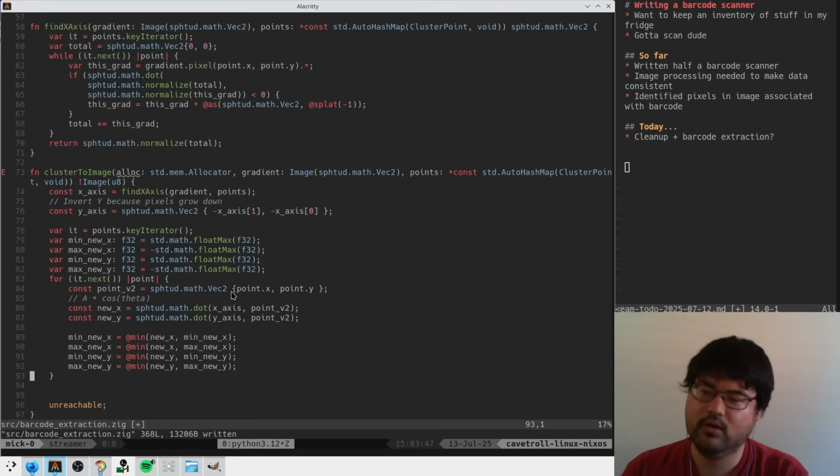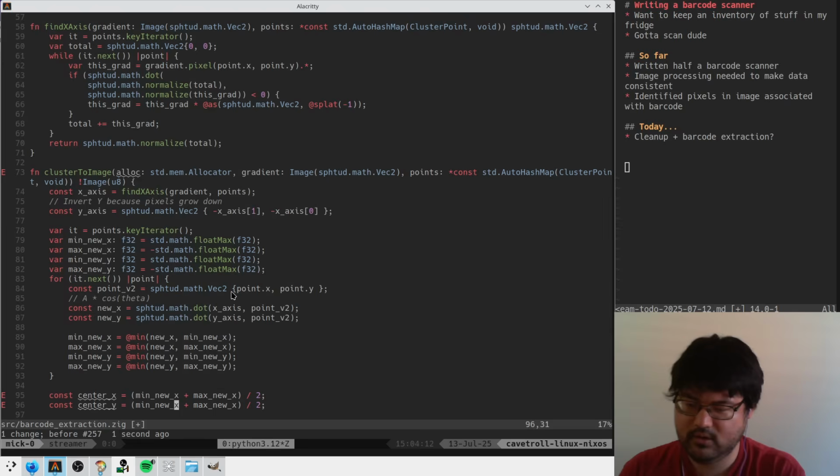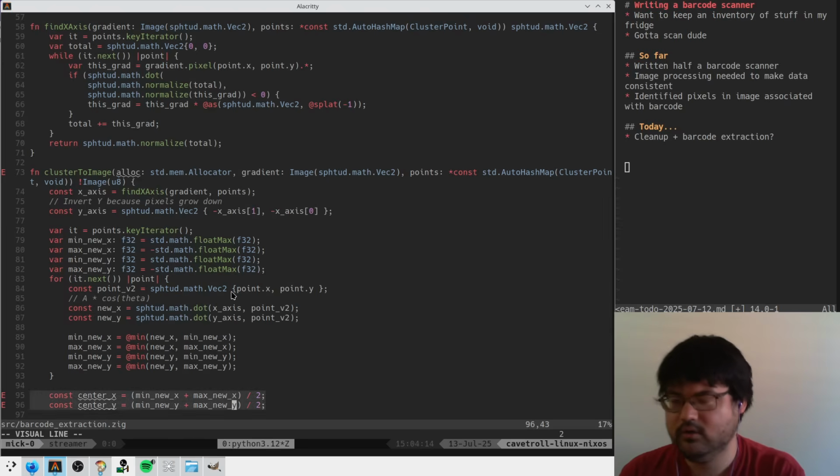Okay. And then from here, we should be able to have the center, width and height, right? So the center x is min new x plus max new x over 2. Center y is y.